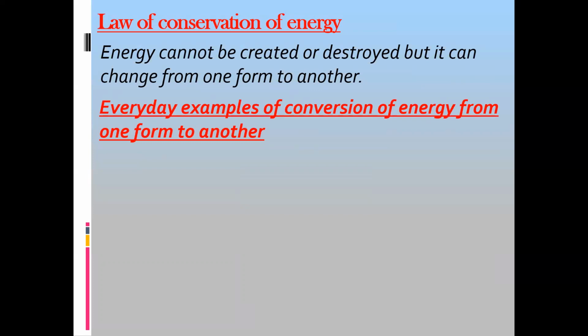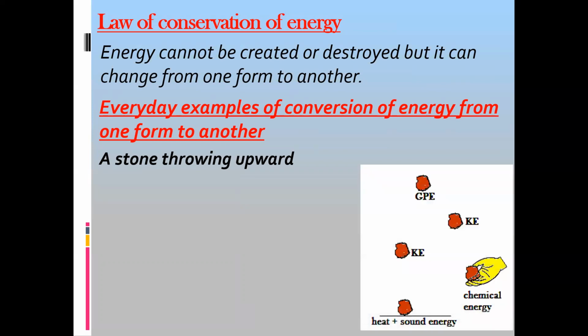An everyday example of conversion of energy from one form to another is a stone thrown upward. If I'm holding the stone in my hand, which form of energy do I have? I will have chemical energy.